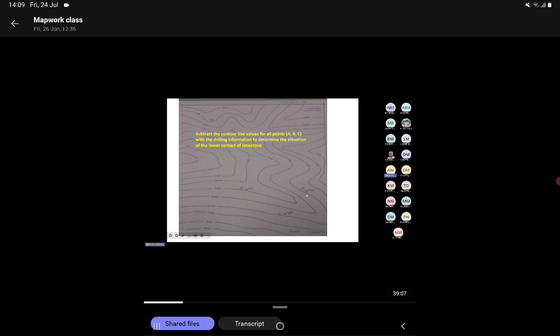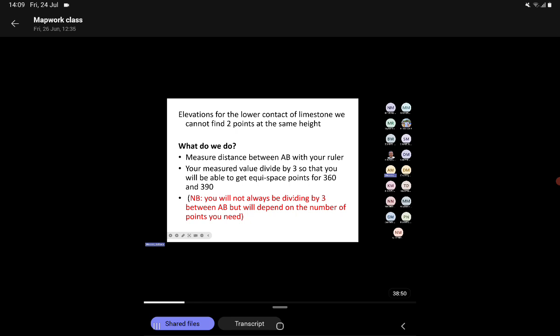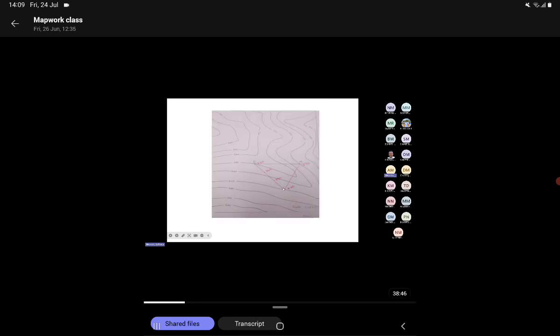So now, if I look at A, B, and C, none of these points are sitting on the same elevation, so I'm unable to draw a straight line. What do I do? I have to interpolate missing values. How do I go about that? I look at the lowest value and the highest value from these 3 points.